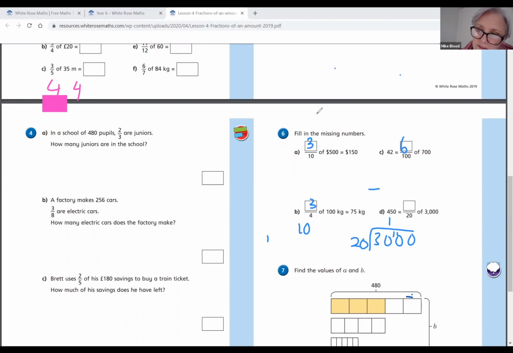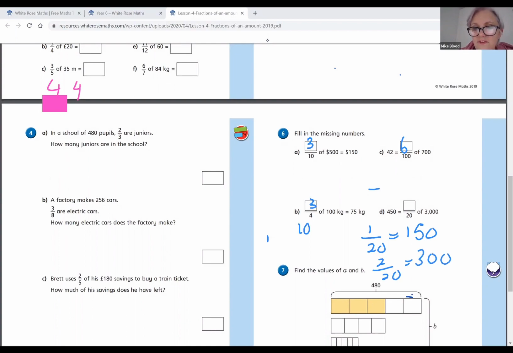I've got 10 left over. 20 into 100 goes 5. 20 into 0 goes 0. So that means 1/20th is 150. So 2/20ths equals 300, two lots of 150. And 3/20 equals 450. So 450 is 3/20 of 3,000.